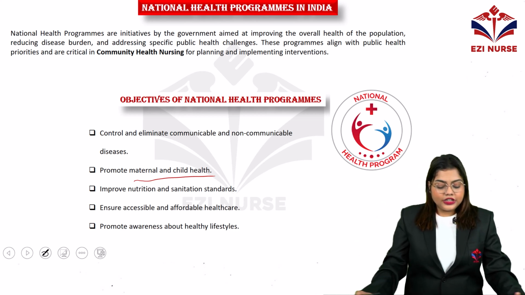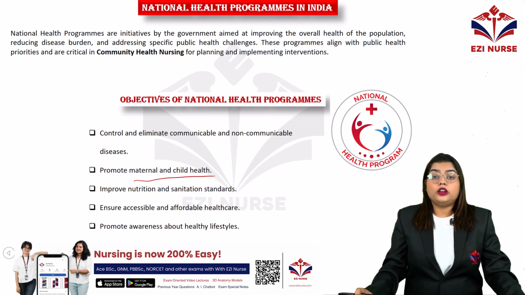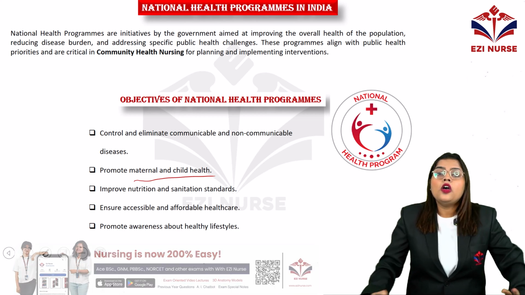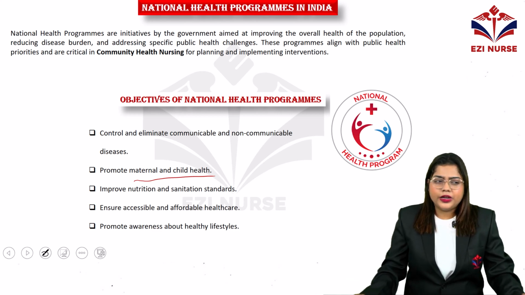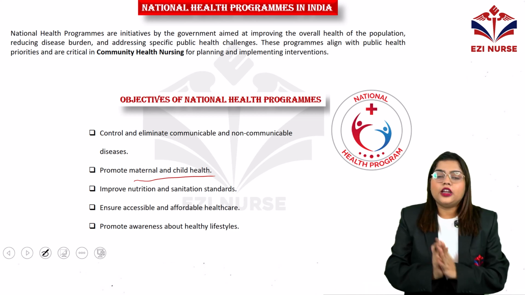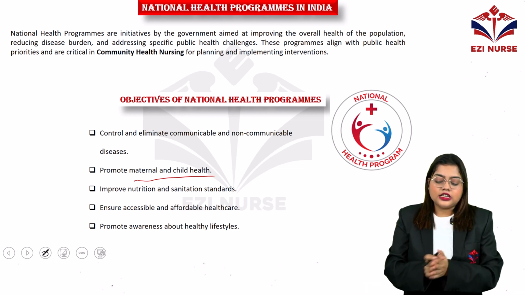Then ensuring accessible, affordable healthcare that is accessible to everyone, every member of the general public. Then promoting awareness about a healthy lifestyle, maintaining a proper healthy diet and good hygiene. These are the main objectives of the national health programs.